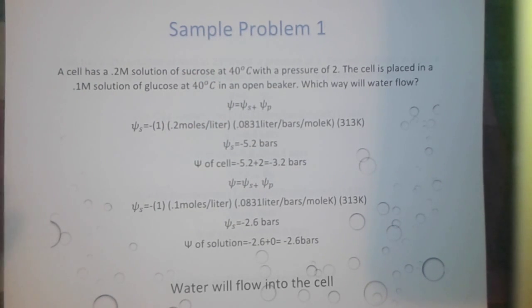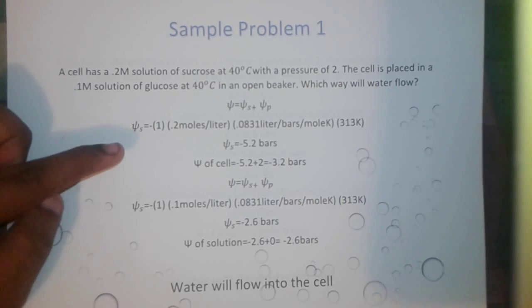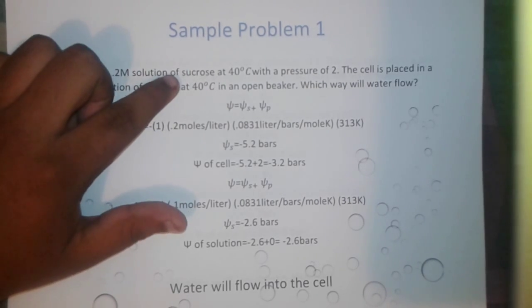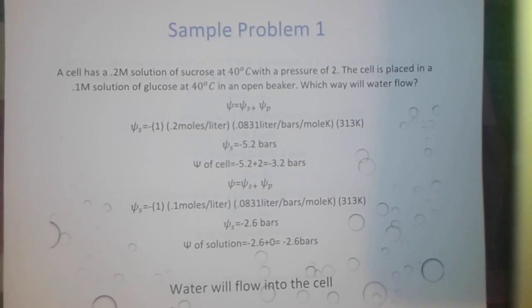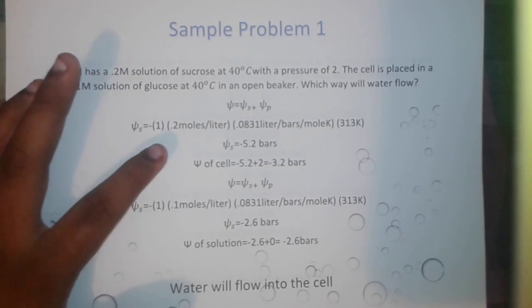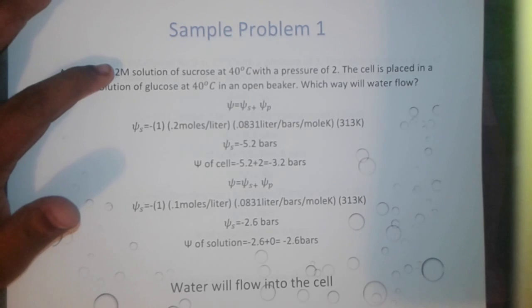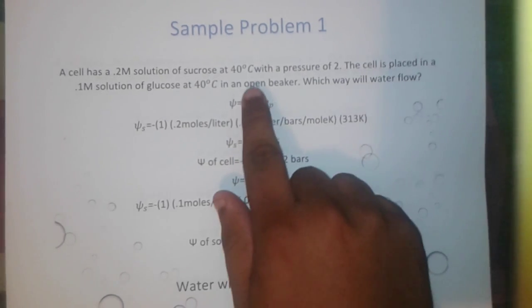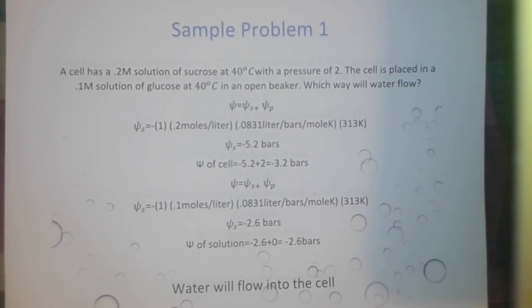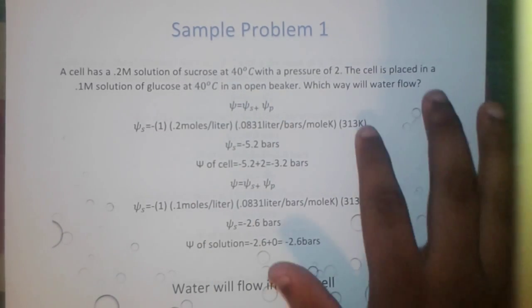By finding the solute potential, you would need negative times 1, which is the number of particles which sucrose is broken down to. Since it's a sugar, it cannot be broken down. Then 0.2 moles per liter, which is the molar solution concentration, and then multiply that by the pressure constant, which is always 0.0831, and then finally adding the Celsius plus 273 to get Kelvin.